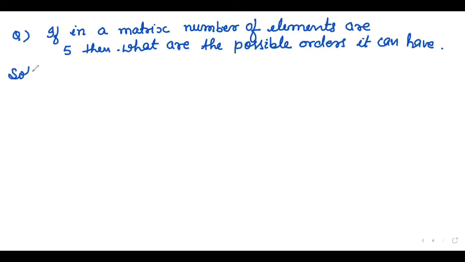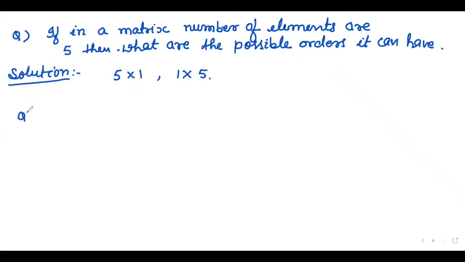Here the number of elements is given, and we have to find the possible orders. We can write the orders as 5 by 1 and 1 by 5 only. So these are the two possible orders when the number of elements is 5.